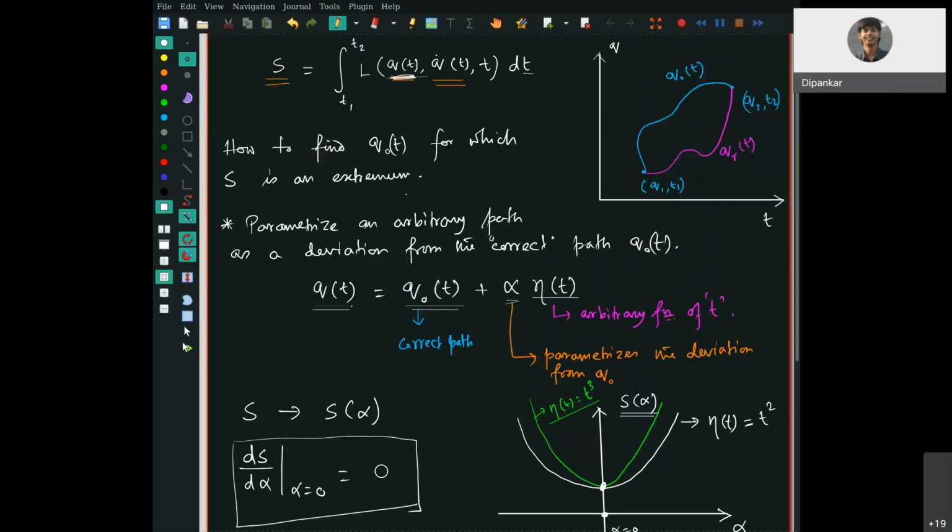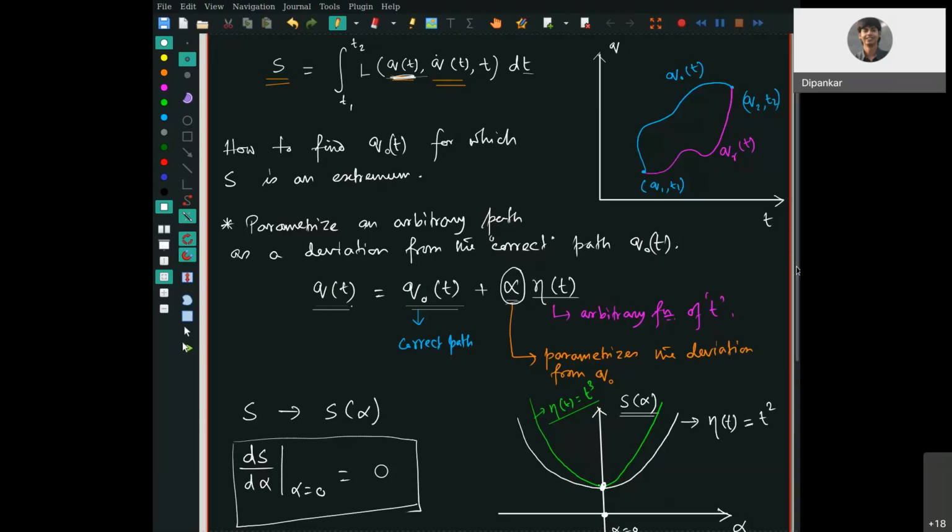Right. If you choose eta t to be t square, you will have a different integration. You choose eta t equals t cube, you will have a different value of the integration. But this will not matter at alpha equals 0, because at alpha equals 0, the eta t dependence drops out. That's why they coincide at alpha equals 0, and everywhere else, to keep things general, they will not coincide. That's why I drew this graph the way I did.